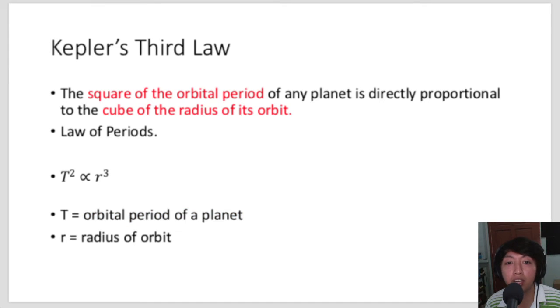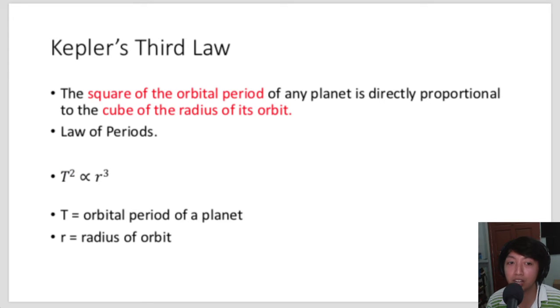And on the other hand, we also have r. So r is the radius of the orbit, the distance from the planet to the sun. So there is a direct relationship between these two. The bigger the radius, I mean it makes sense, right?